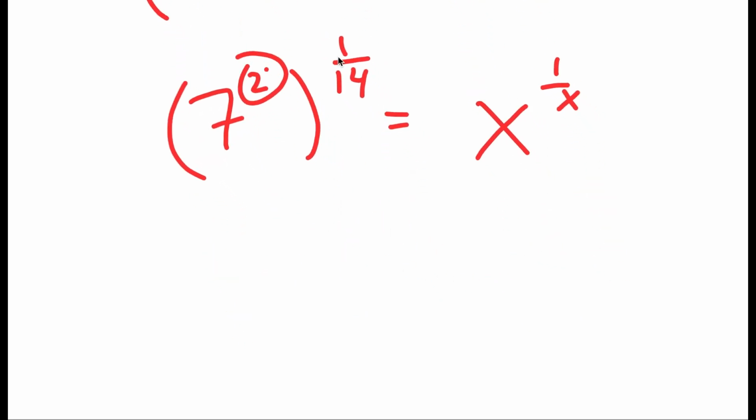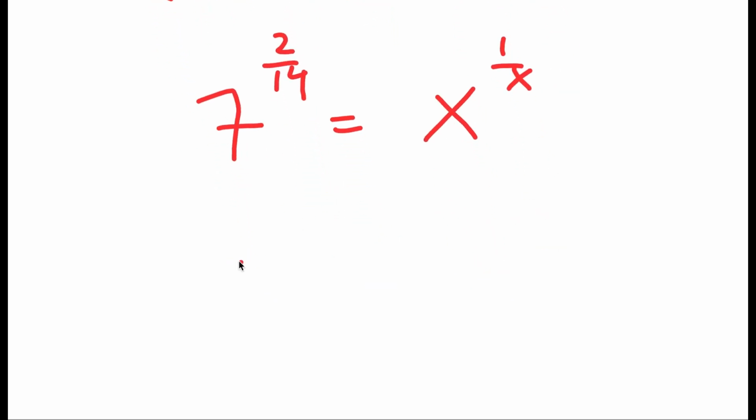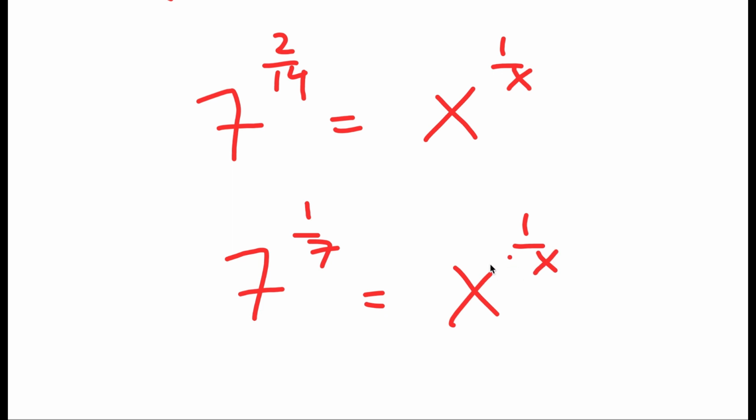Now again, these two can multiply, so I get 7 to the power of 2 over 14 is equal to x to the power of 1 over x. And 2 over 14 is equal to 1 over 7, so I get 7 to the power of 1 over 7 is equal to x to the power of 1 over x.